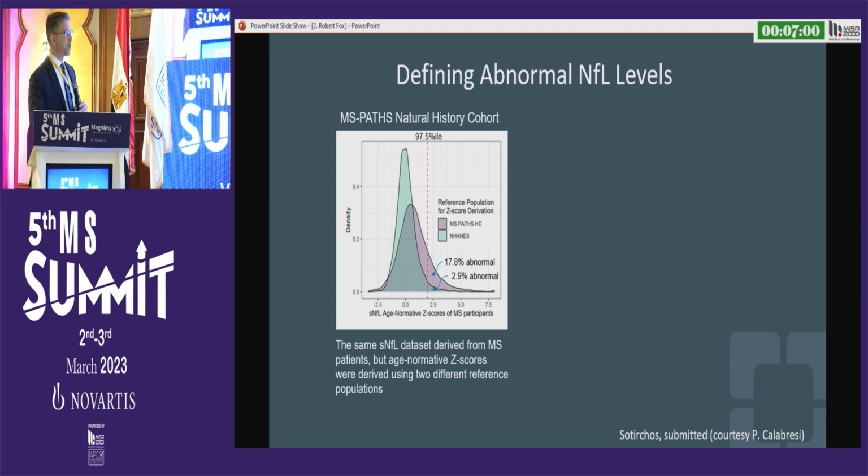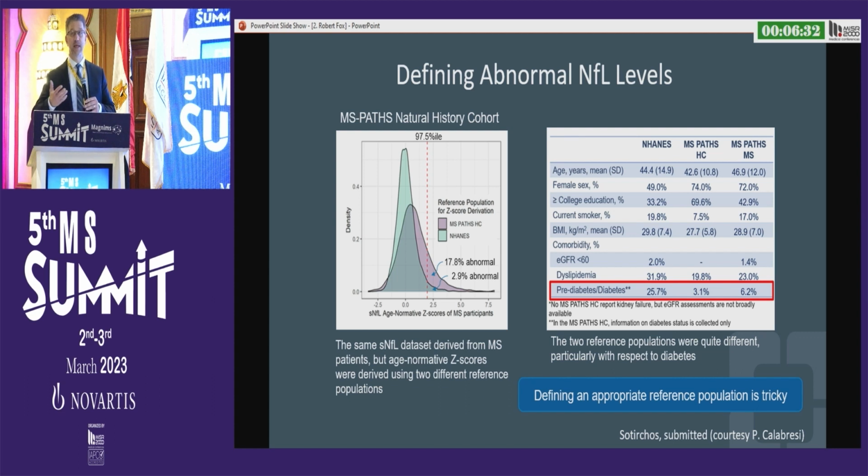Well, for this, it depends on what your reference population is. If they use the healthy controls within their study, there were 17.8% that were abnormal. But if they used a U.S. National Healthy Volunteer database, turns out it was only 2.9%. So depending on who your normal controls are, some may be more normal or less normal relative to your patient population. And then when they looked and said, well, what are the differences between those two control populations?